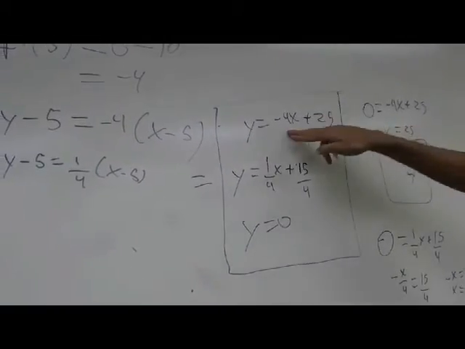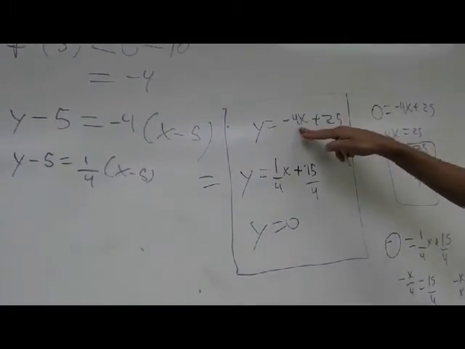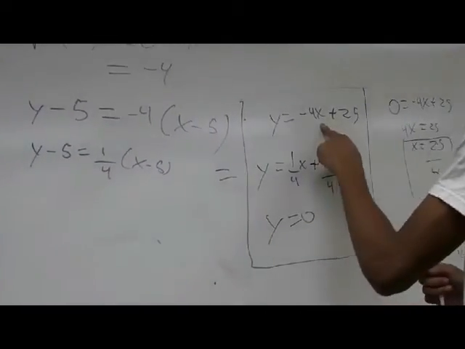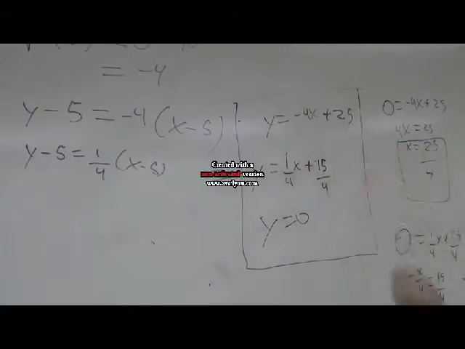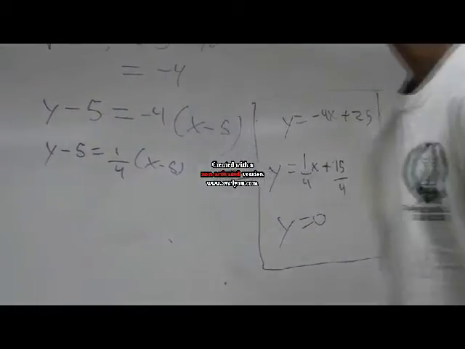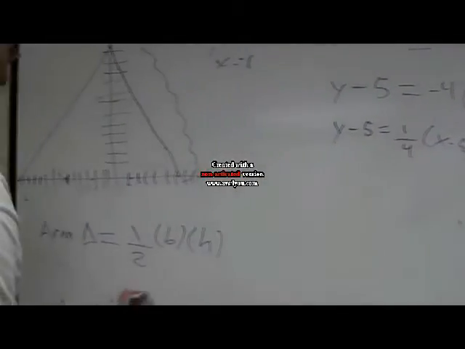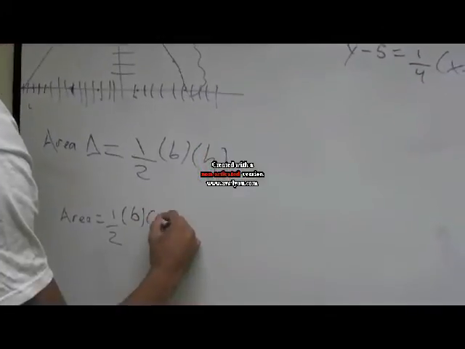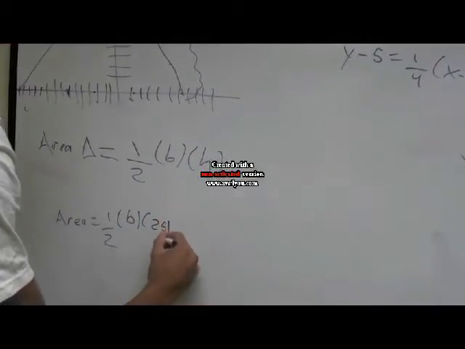Because remember, this is when our x-axis is in our normal line, or sorry, our tangent line, when your x's are 0, so like that. When your x's are 0, your y is going to equal 25, which makes this whole height 25. So now we have b times 25.